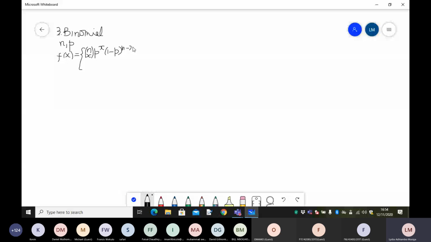And when does that happen? When x takes values 0, 1, and so on up to n, and it is 0 otherwise or elsewhere.